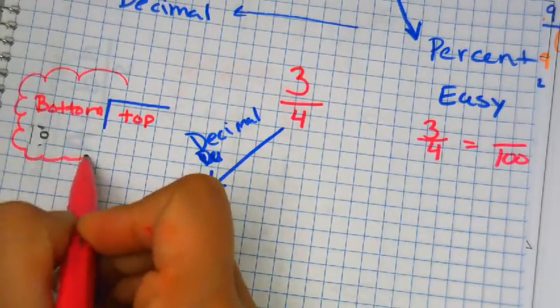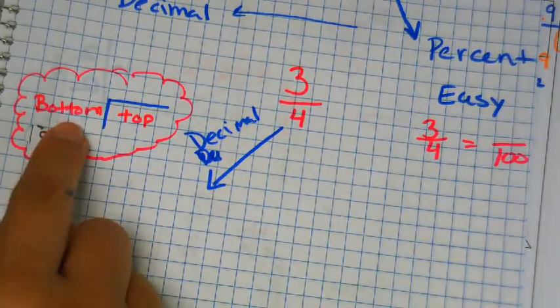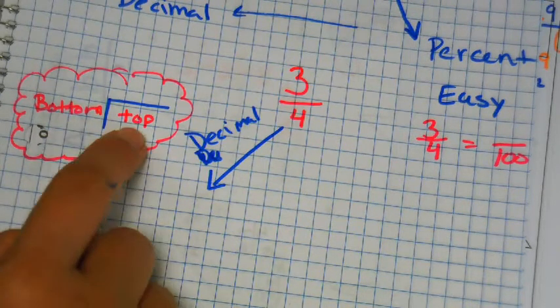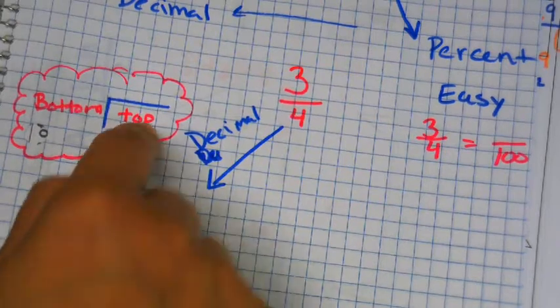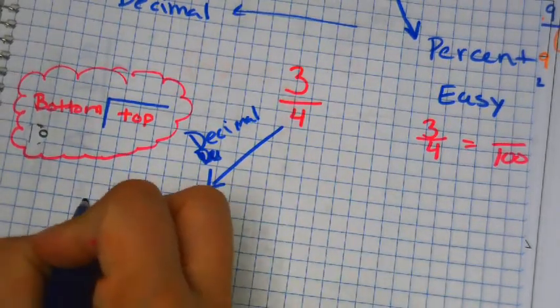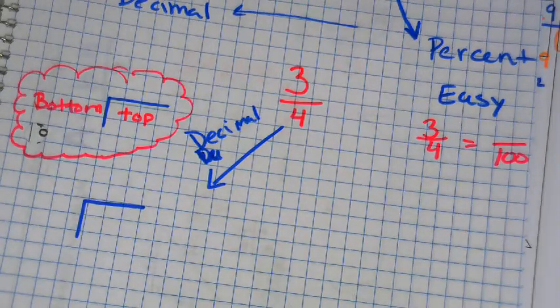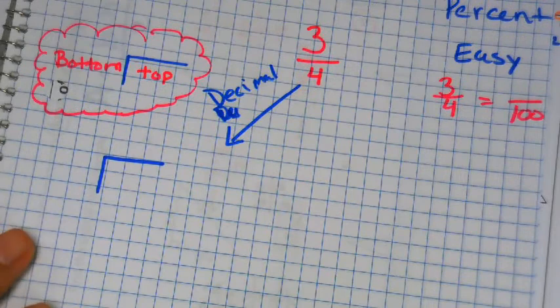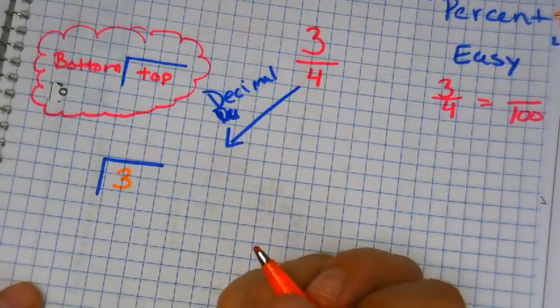The top number goes inside, the bottom number goes outside. It doesn't matter which number is bigger or smaller. So, what number goes inside the division box? 3. What number would go outside then? 4. Good. All right.